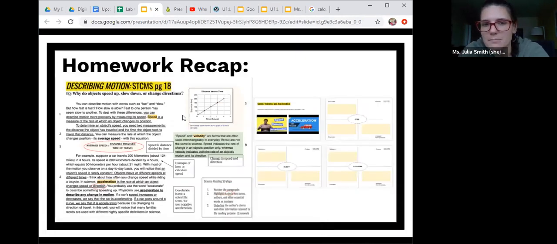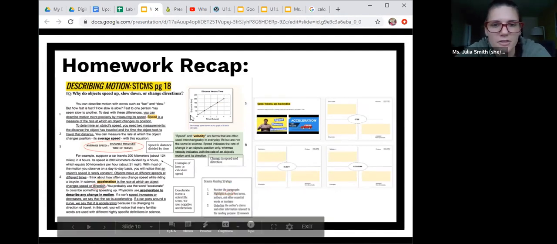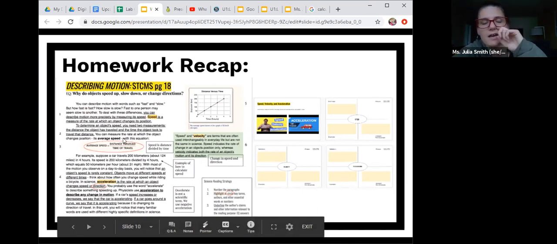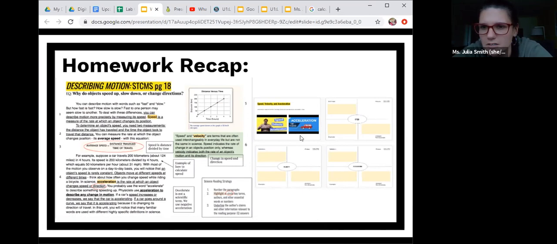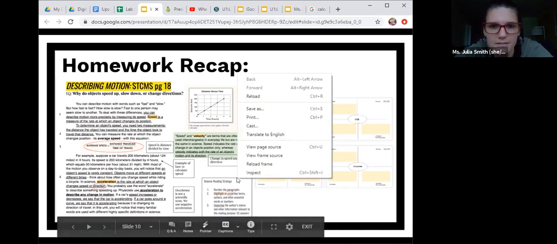Just a recap of our homework that's due today. You are supposed to use the reading that's on INB slide 4 and the 2 videos on slide 5 to help you do the Frayer models on slides 6, 7, and 8.